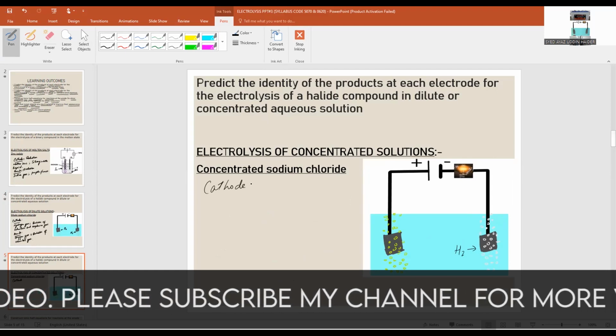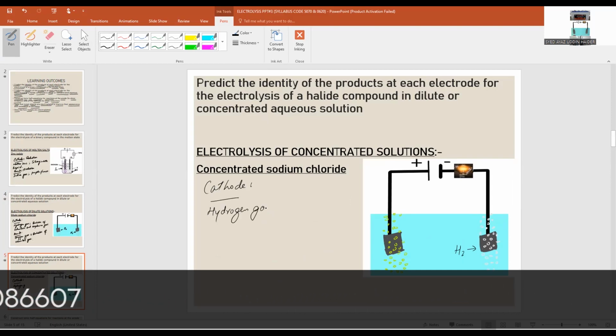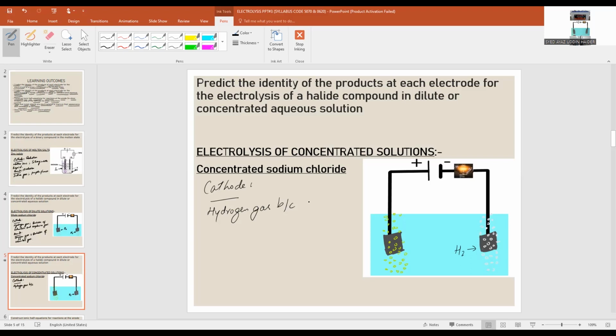So at the cathode, we will write hydrogen gas because Na+ is above H+ in the activity series. You can even quote the selective discharge in your answer, like you can write sodium ions have high difficulty of discharge or low ease of discharge, in comparison with H+ or hydrogen ions. Reverse arguments for hydrogen ions are acceptable here.